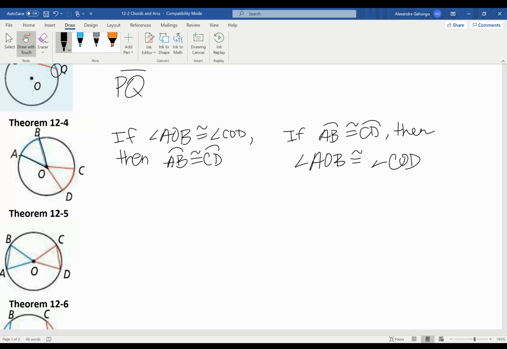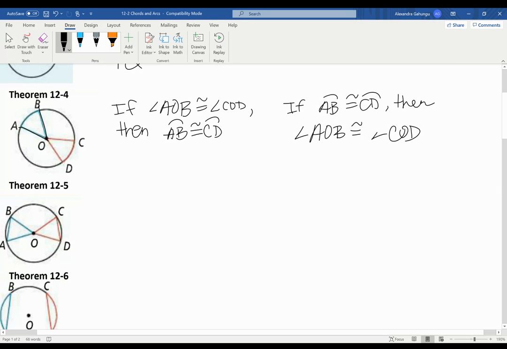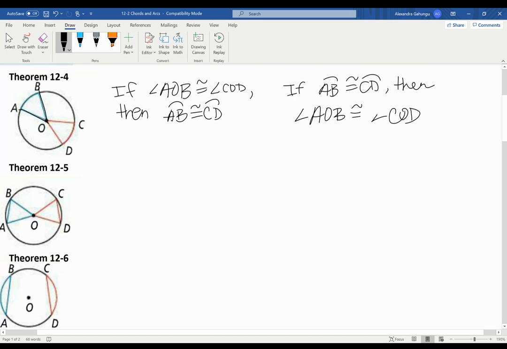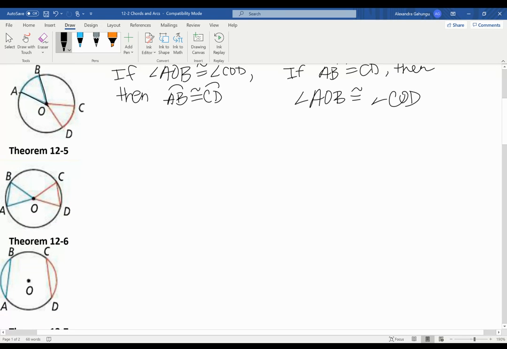And on we go to the next theorem, also relating central angle now to our chords.